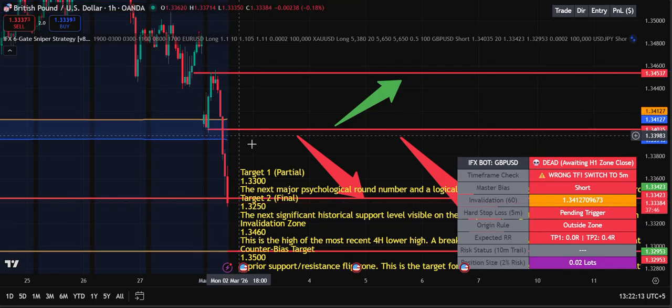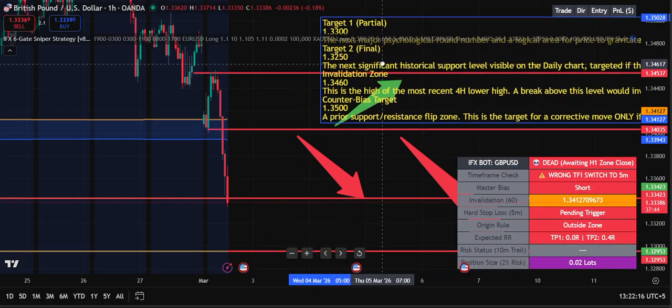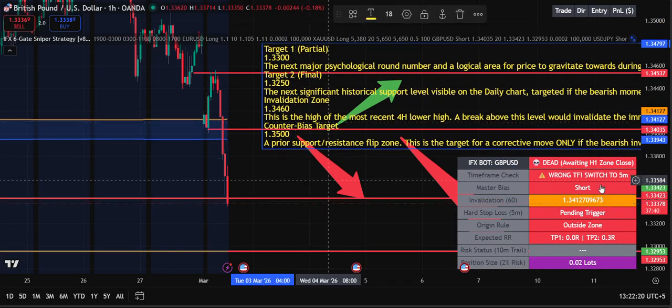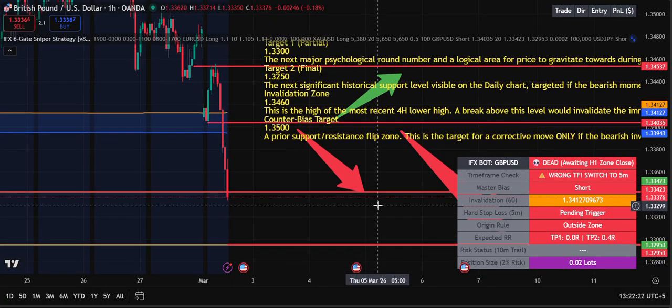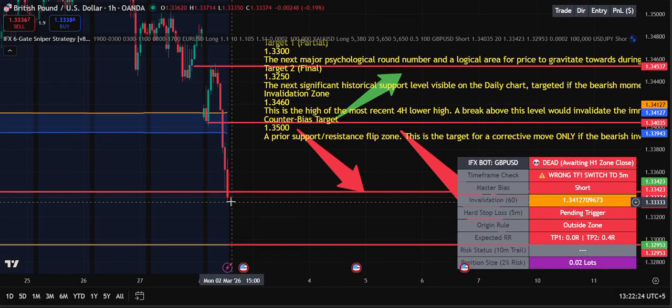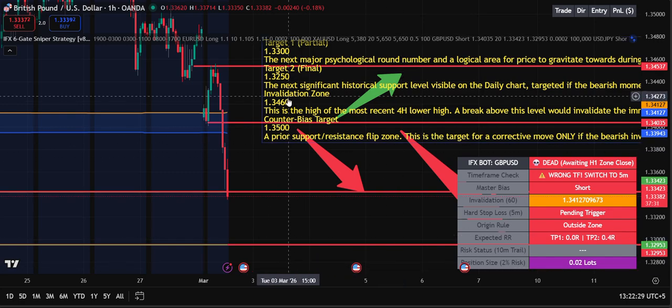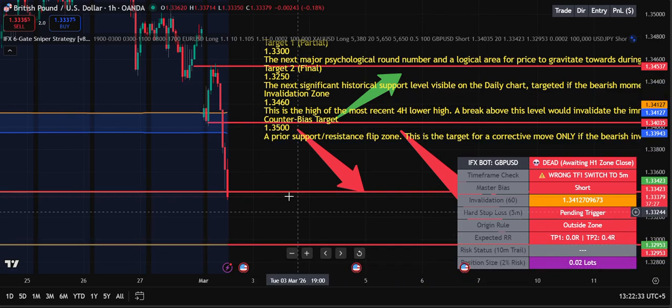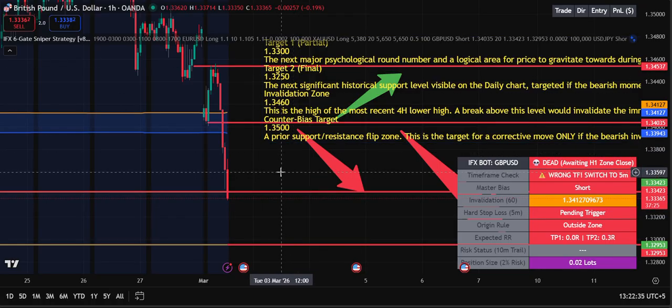I used the middle zone to make a faster entry. It did not do that, and its target one is 1.330, which is also correct in my opinion. It's almost the same as our first one. And the second target is 1.3250. I agree with that as well. The two targets are almost the same.